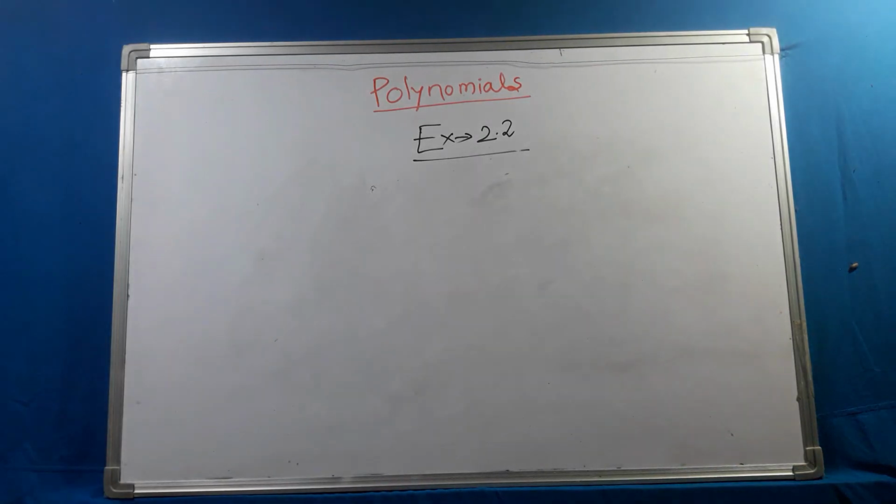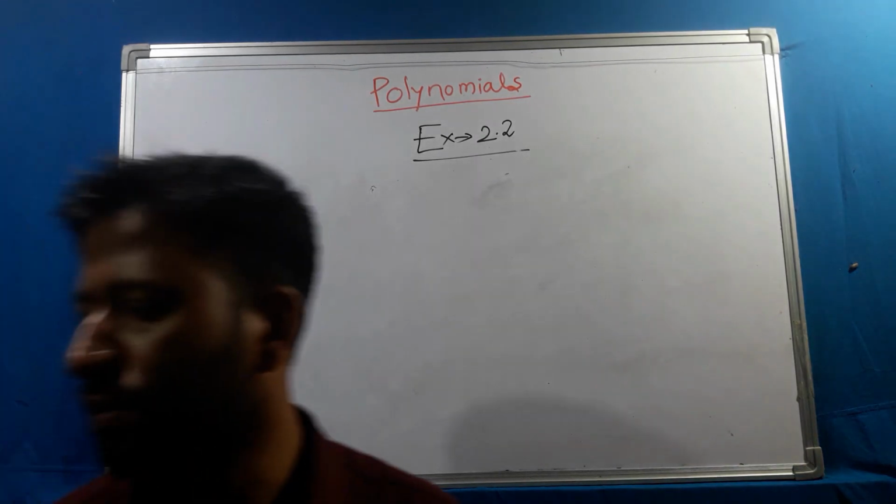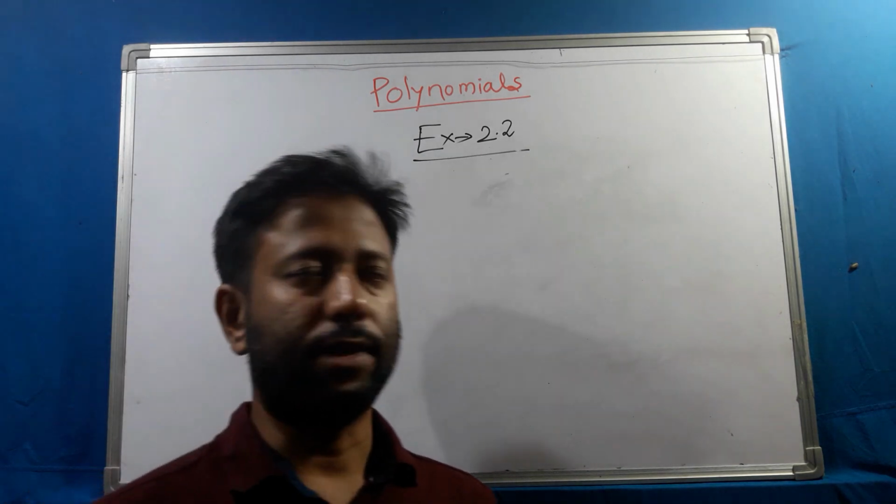Exercise 2.2, the first question is to find the value of the polynomial 5x minus 4x square plus 3.